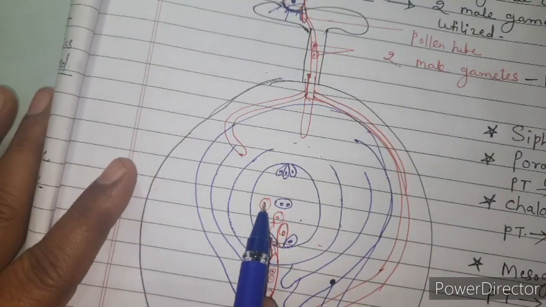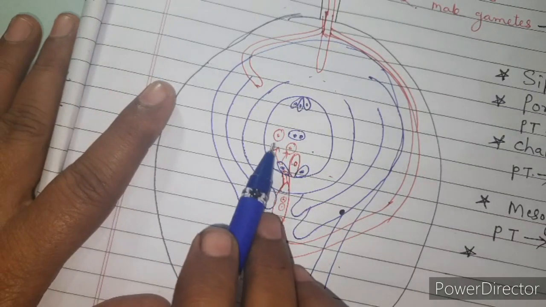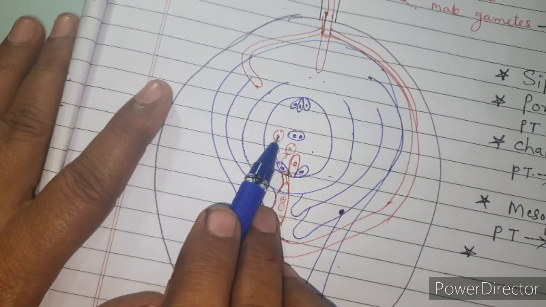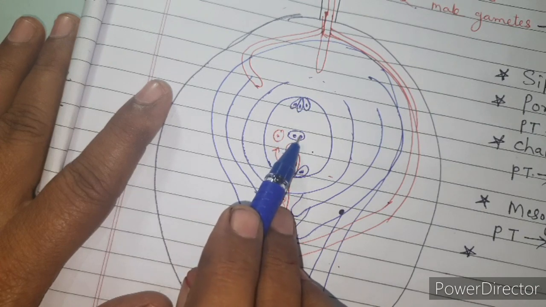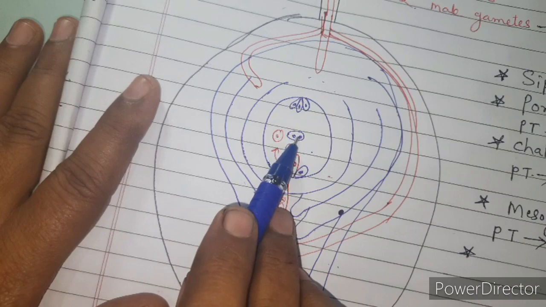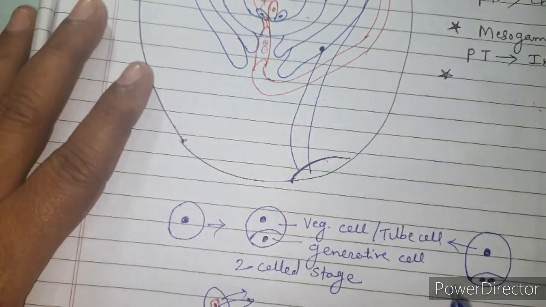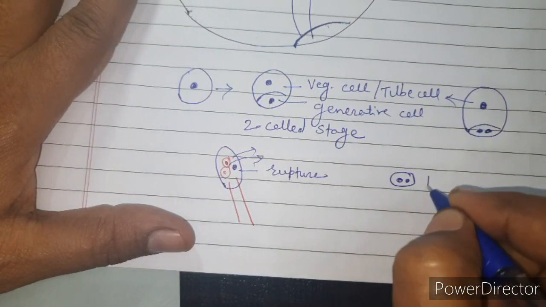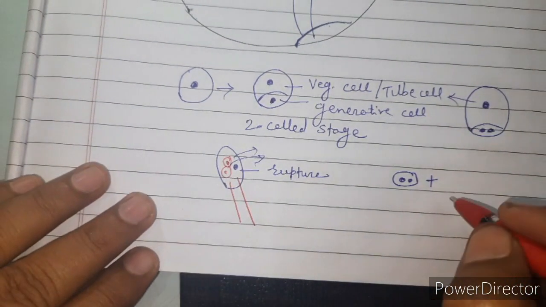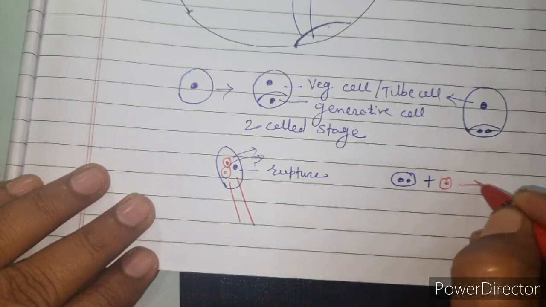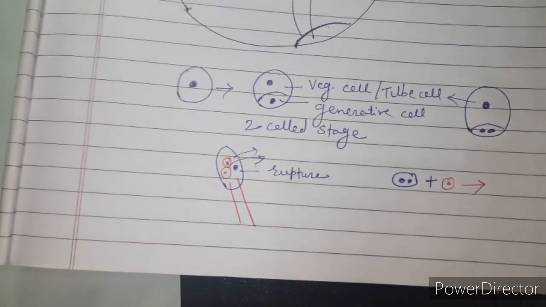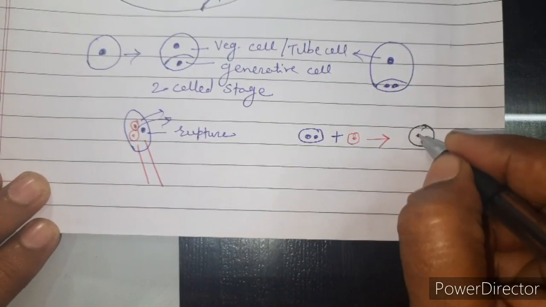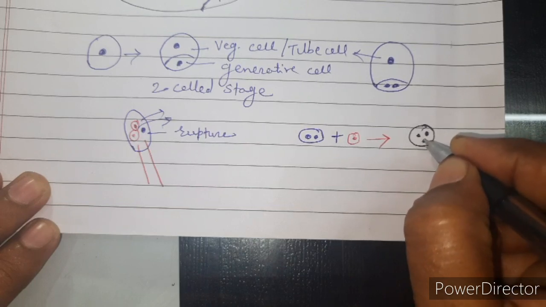Now, out of these two male gametes, one male gamete fuses with the diploid nucleus. You know that this is the diploid nucleus. Suppose this is the diploid nucleus plus one male gamete. There is formation of a cell having three nuclei, 1, 2 and 3.